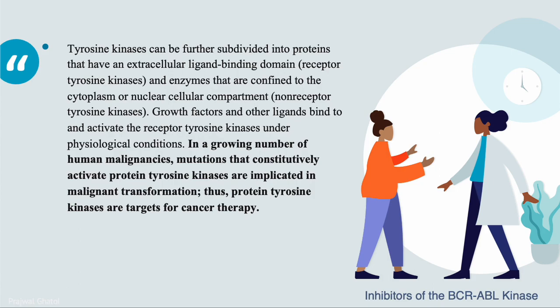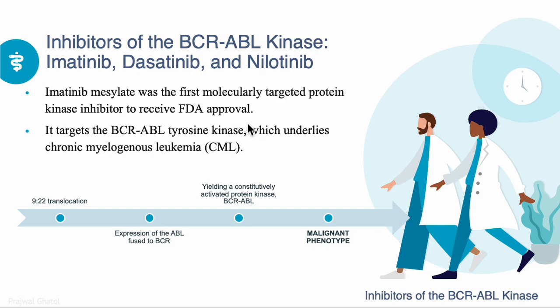Thus, protein tyrosine kinases are targeted for cancer therapies. The most common one is BCR-ABL kinase. So we will discuss the inhibitors of BCR-ABL kinase, that are imatinib, dasatinib, and nilotinib.